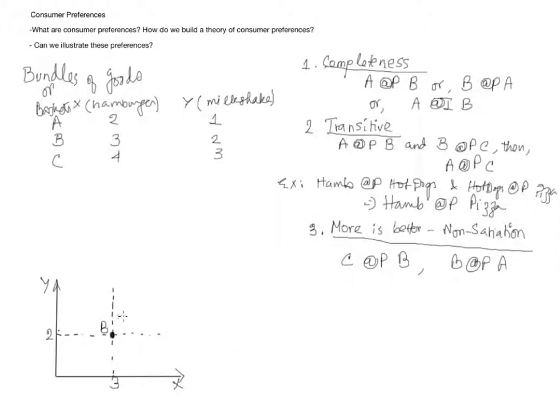All right. So with respect to B, we are going to find out the bundles which are more preferred and less preferred to B. For instance, bundle C we know is more preferred because it has more hamburgers and also more milkshakes. So bundle C has 4 hamburgers, so let's say this is 4, and it has 3 milkshakes, so let's say this is 3.